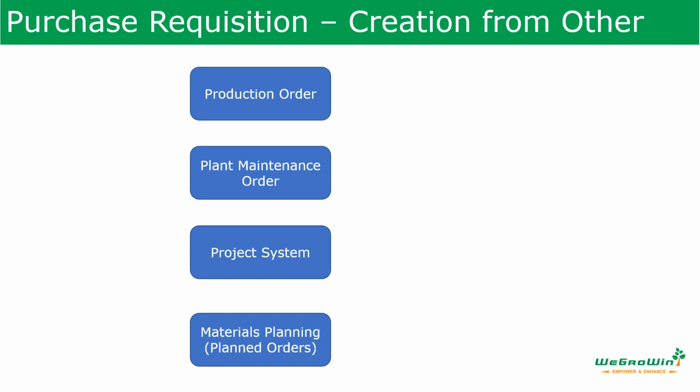And then the purchase requisition created by material planning, MRP, that is consumption-based planning or regular MRP. When creating purchase requisitions, MRP calculates quantities and delivery dates. The planning run also produces planned orders for in-house production, but these can be converted into purchase requisitions.